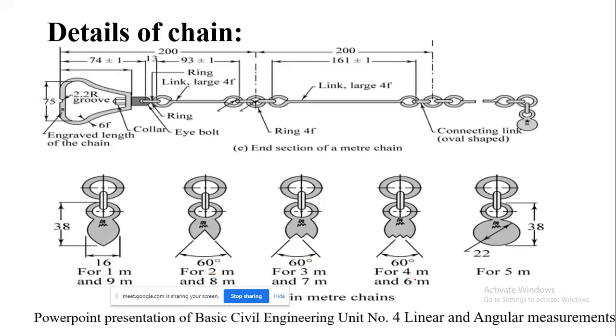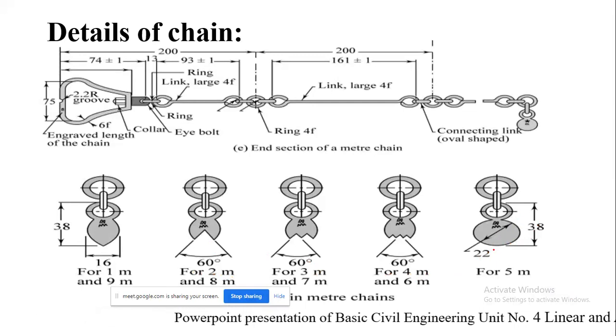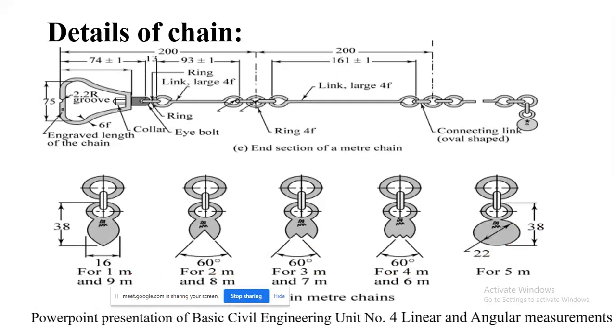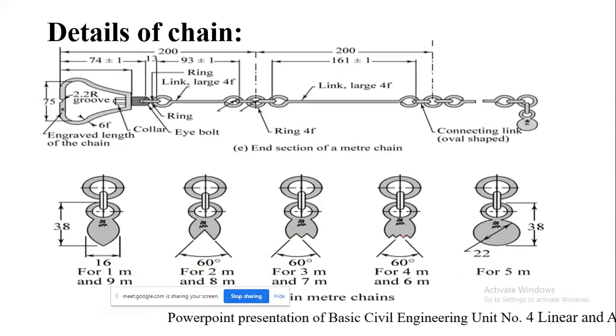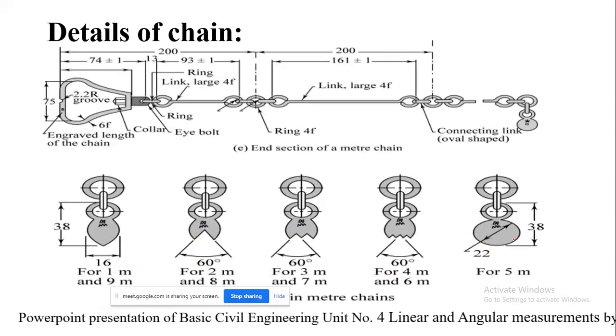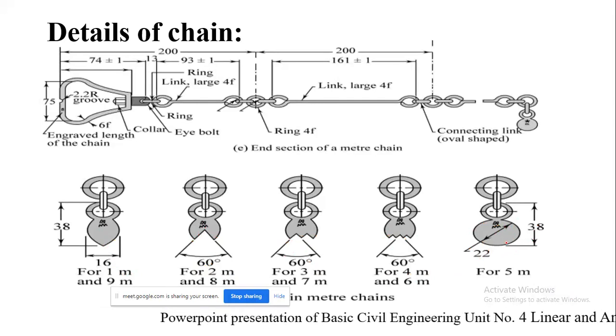Generally, as per the ISI recommendation, at 5 meter ends you are supposed to provide a tally. In some cases, at 1 meter a single tooth like this, at 2 meters two teeth, at 3 meters three teeth, 4 meters, and so on. At 5 meters a circular tally is provided. So directly, if I want to measure the distance, you can read the distance at that point.